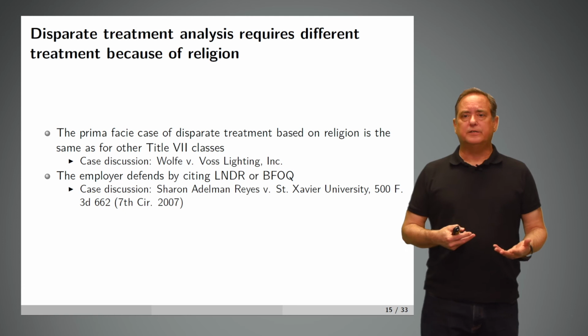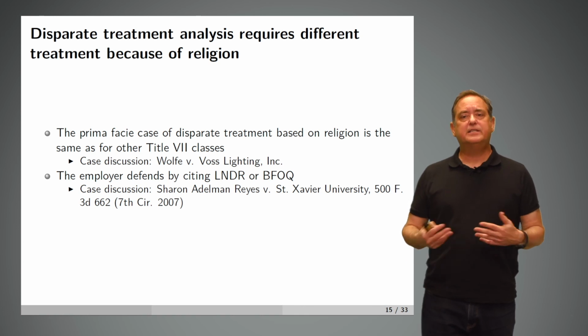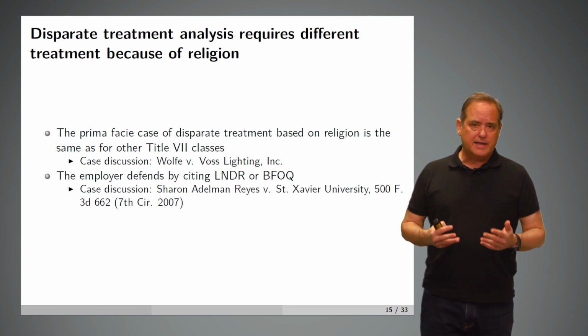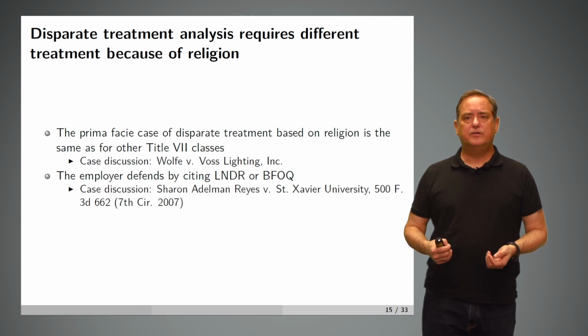And so she applies for tenure. She's been somewhat successful as a professor and applies for tenure and is denied tenure. Now, Miss Elderman Reyes believes that she was denied tenure because she's Jewish and she's working in a Catholic university.